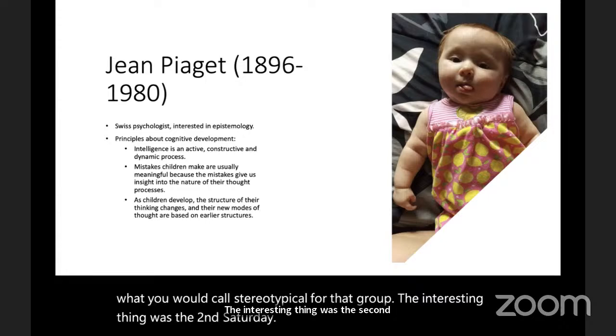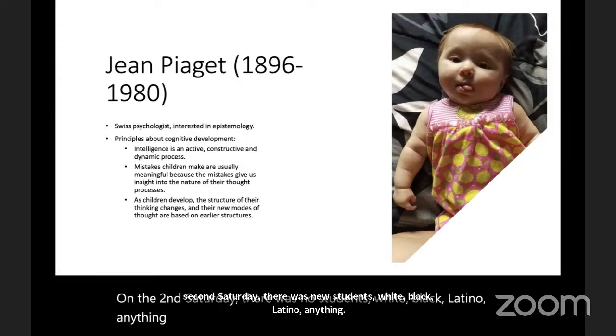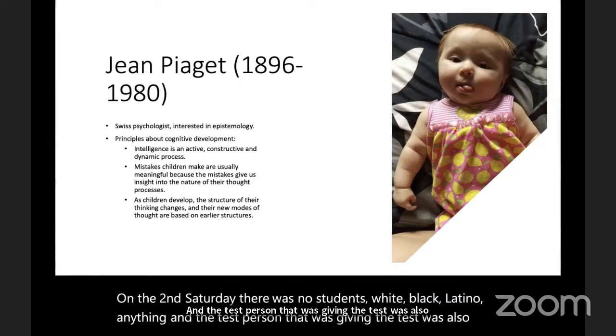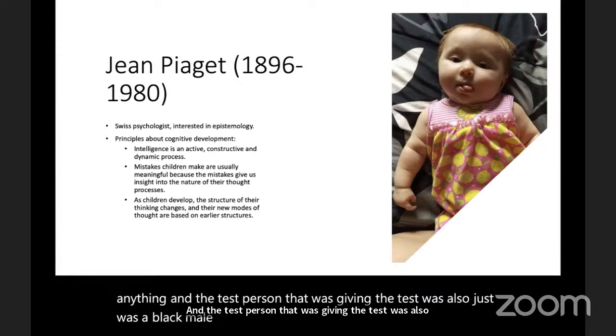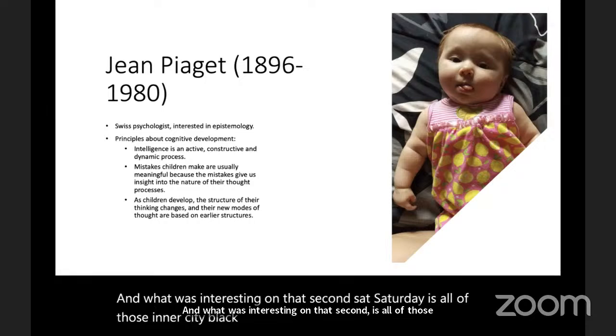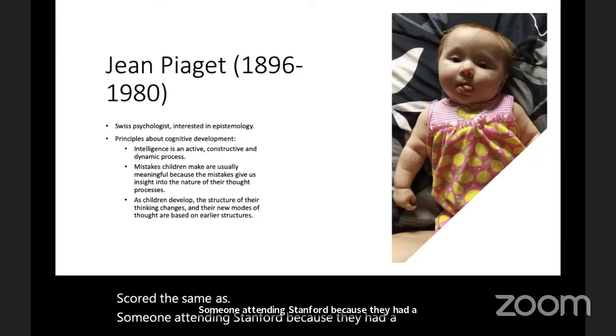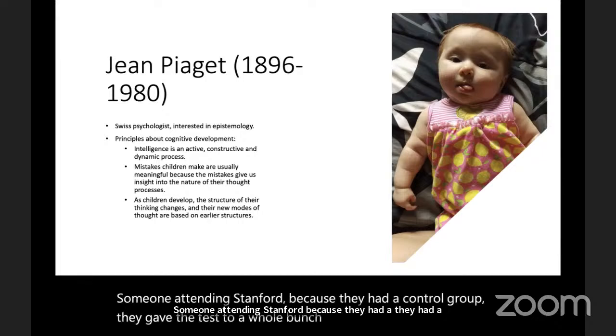The interesting thing was the second Saturday. On the second Saturday, there were no students, white, black, Latino, anything. And the person giving the test was just a black male. Okay. And what was interesting on that second Saturday is all of those inner city black students scored the same as someone attending Stanford, because they had a control group. They gave the test to a whole bunch of the Stanford students.